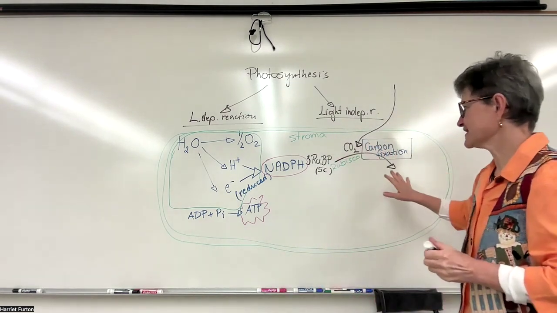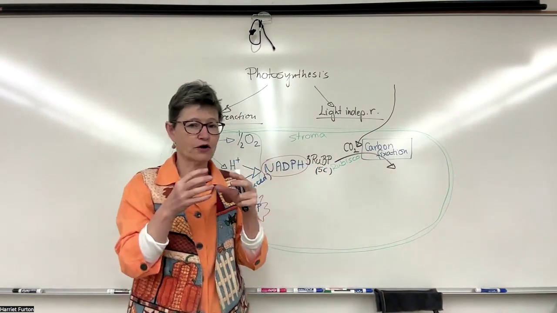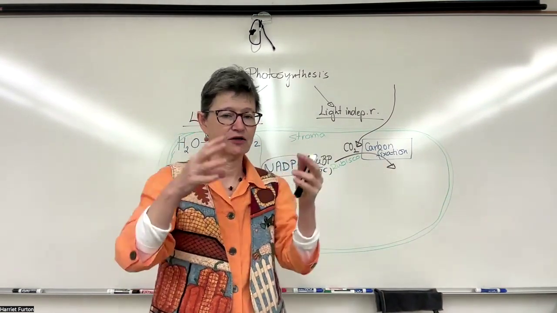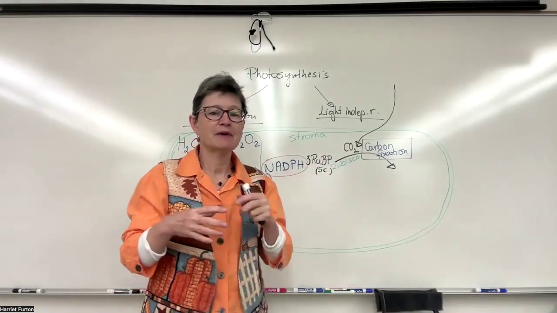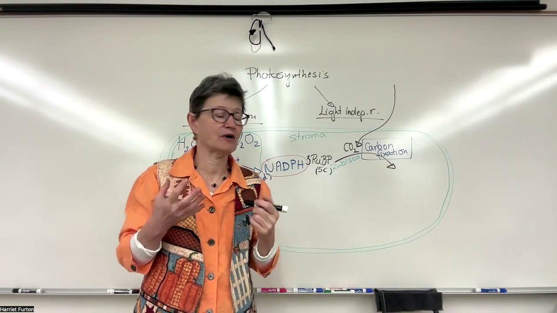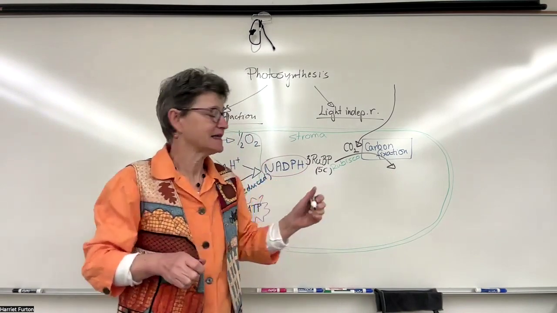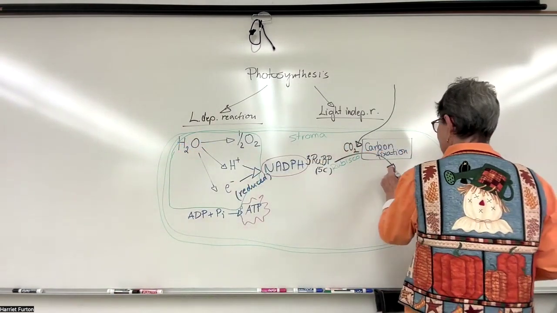During carbon fixation it is going to turn into a 6-carbon molecule, 3 of them, but because these long 6-carbon molecules are very unstable, they are going to split.